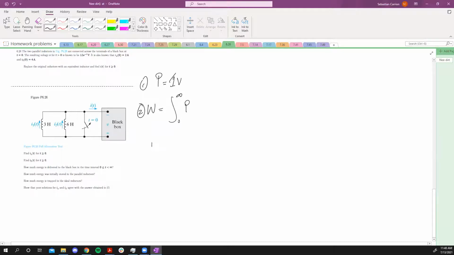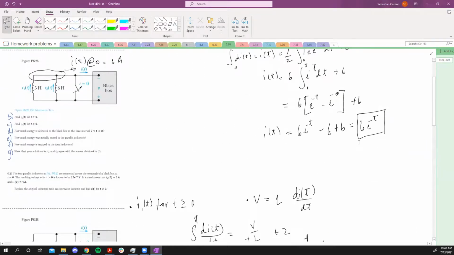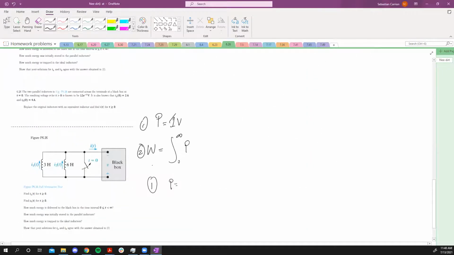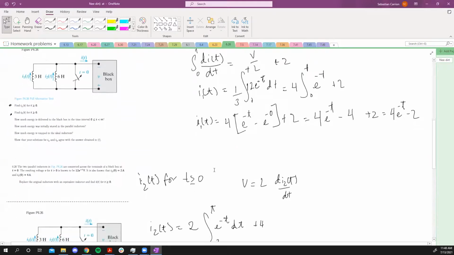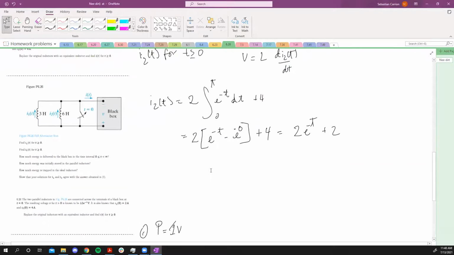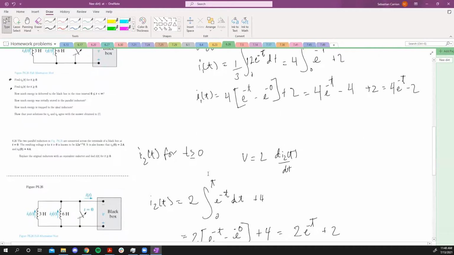For our first step, we know our current equation for time greater or equal to 0: current would be 6e to the negative t, and our voltage is 12 e to the negative t.